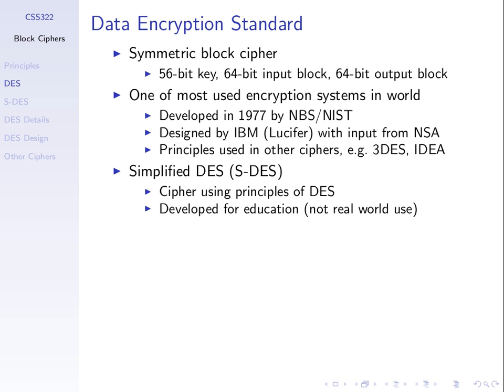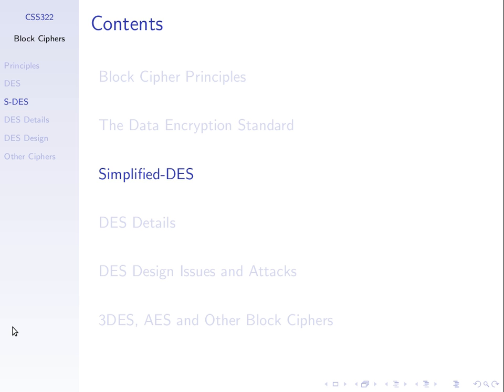That's the difference. And therefore, it's easier to do in examples. It's not used in real life, Simplified DES, only used in this class. So know the difference. So let's go through Simplified DES, and once we've gone through that, we'll then explain how that connects to the real DES and some of the design issues with the real DES.